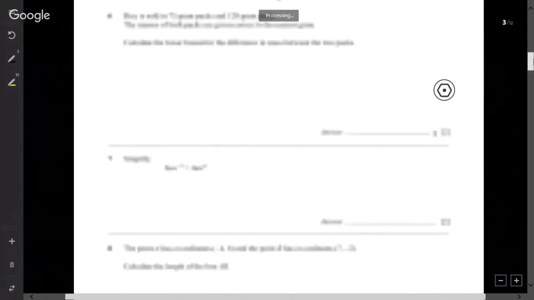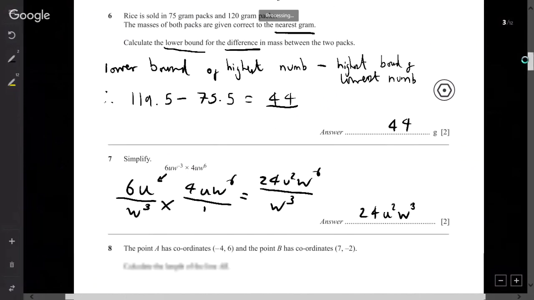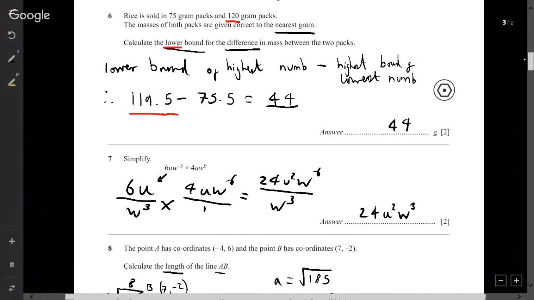Question number 6. Rice is sold in 75-gram packs and 120-gram packs. The masses of both packs are given correct to the nearest gram. Calculate the lower bound for the difference in mass. So because we want the lower bound, we're going to do the lower bound of the highest number, so the lower bound of 120, which is 119.5, minus the upper bound of the lowest number, which is 75.5.